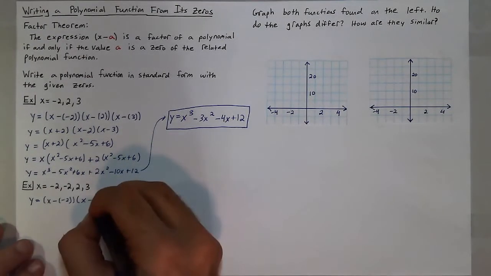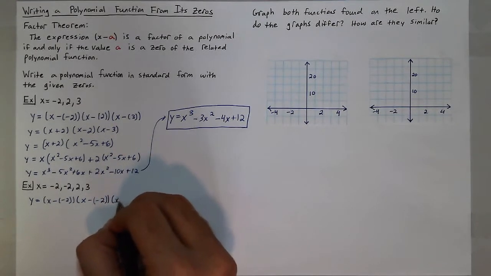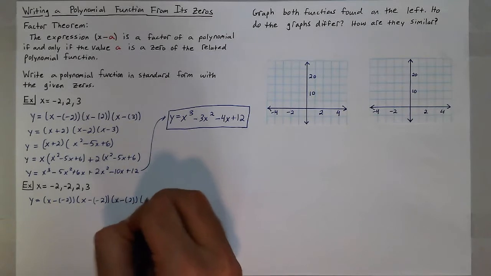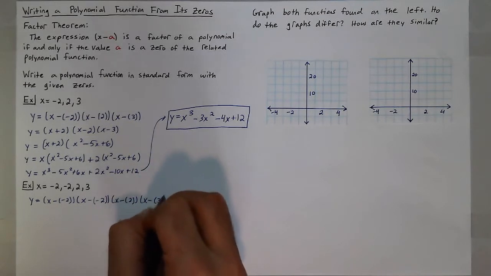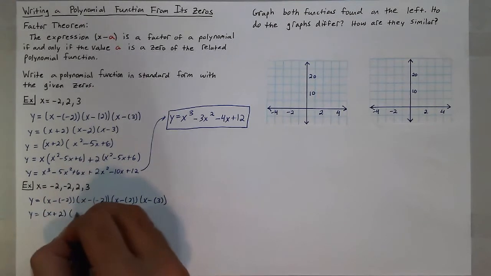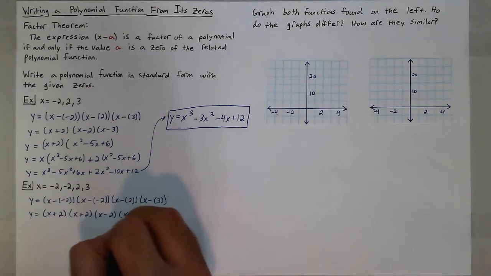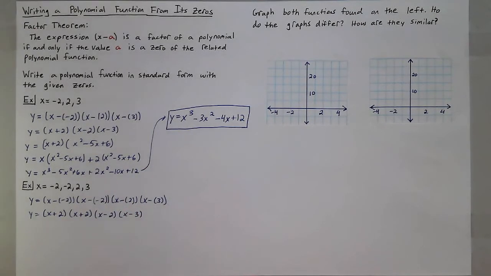Because it'd be minus -2, and then x minus 2 and x minus 3. That gives me y is equal to x plus 2 times x plus 2 times x minus 2 times x minus 3. So we'll see here we're getting two of the same factor.